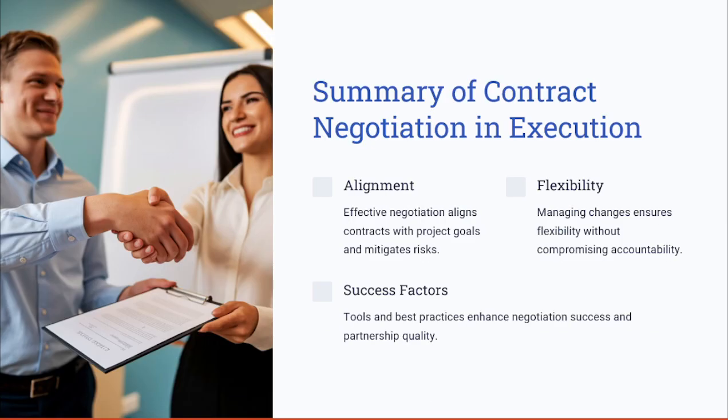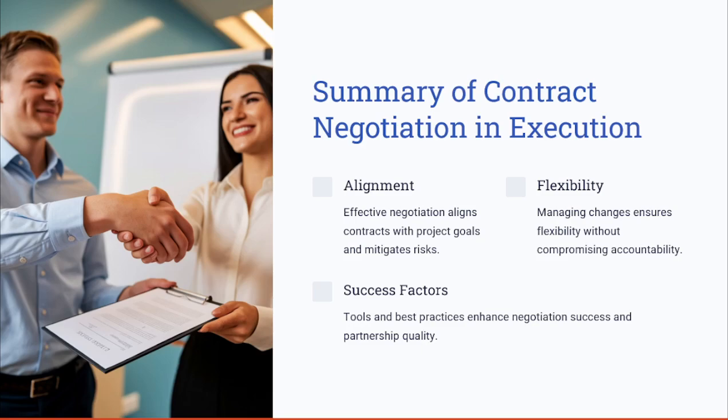To summarize our session on contract negotiation with suppliers and the execution, contract negotiation is a cornerstone of project success. Clear terms and adaptability to changes ensure that you have an effective negotiation strategy to align the contract with the project goals and mitigate the risks.